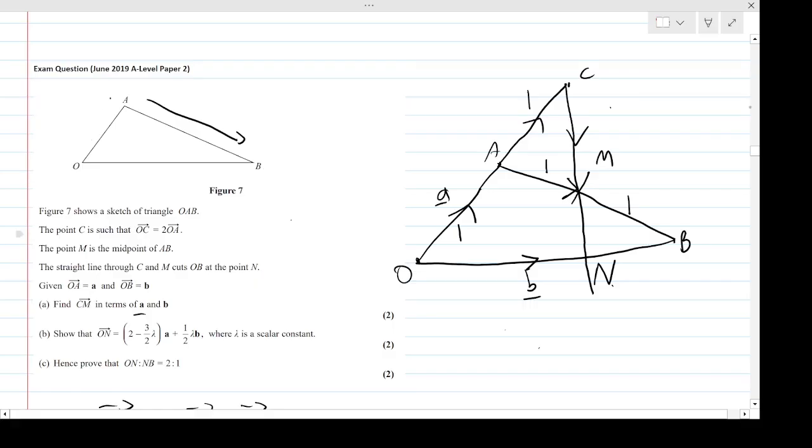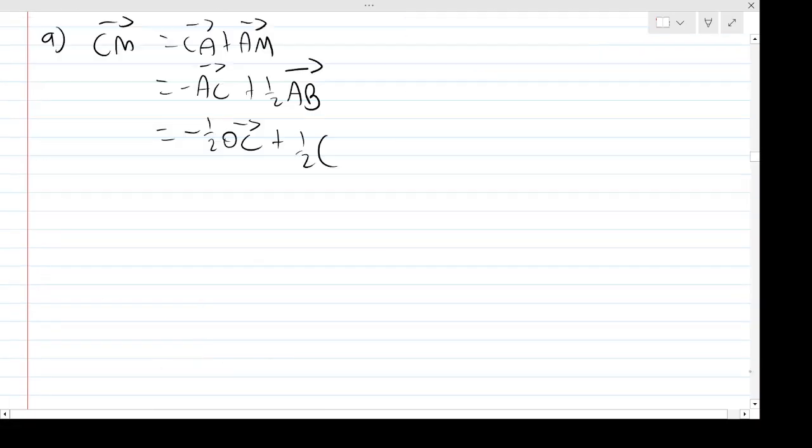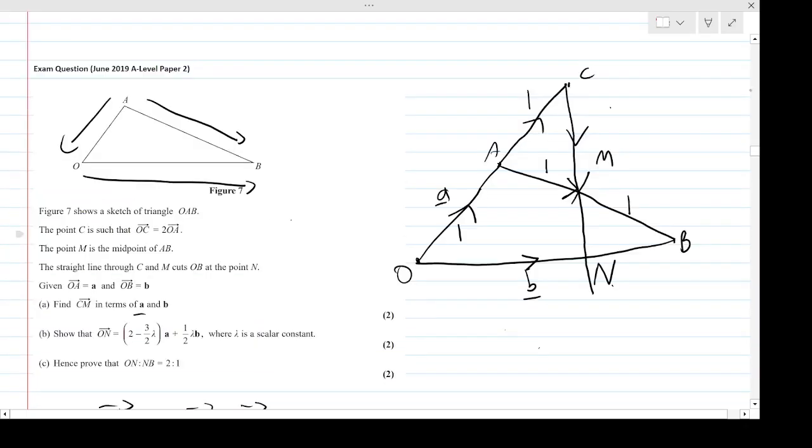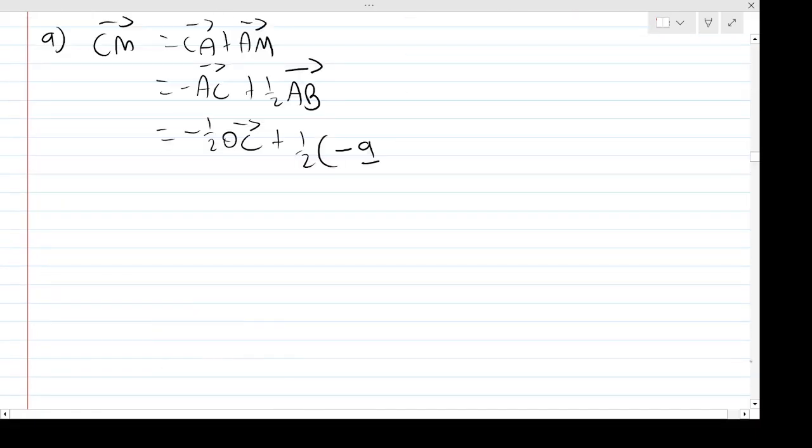I can go from A to O, and then from O to B. Well, A to O, I know that O to A is vector A, so from A to O it's going to be the negative of that, negative vector A. And then from O to B, it's going to be the vector B, because I'm given OB is B.